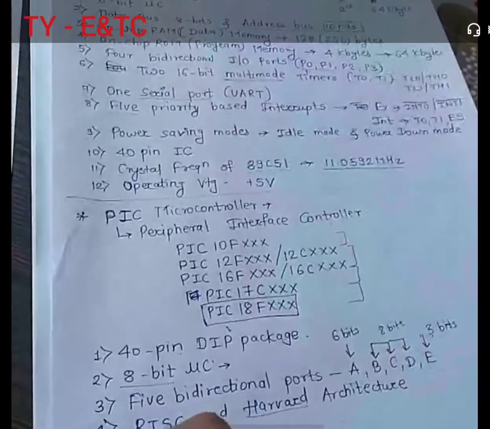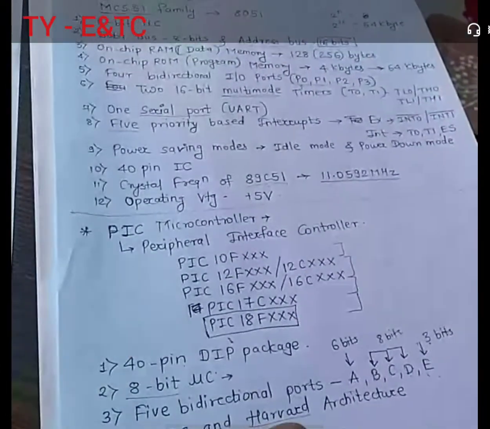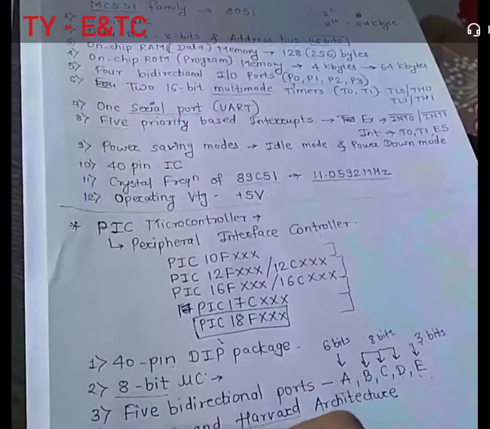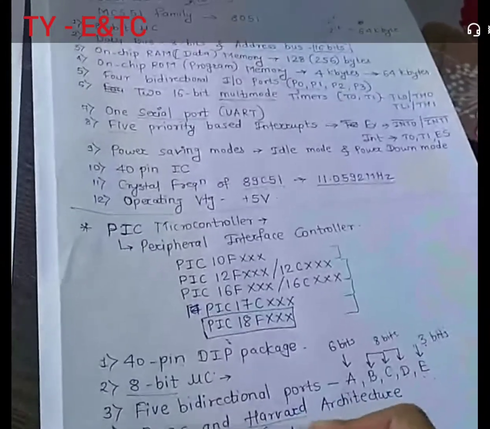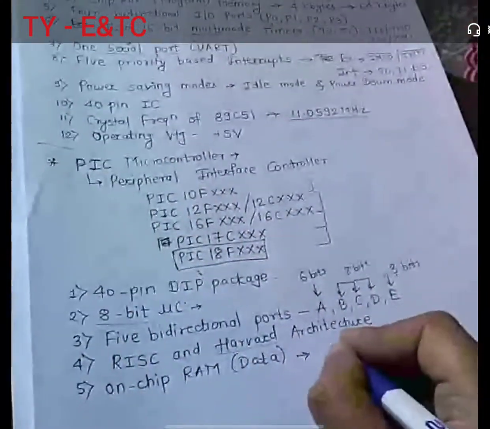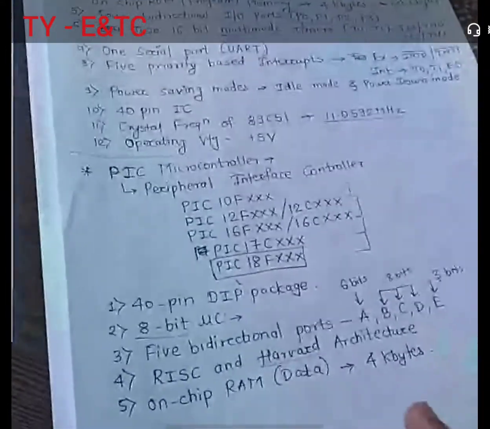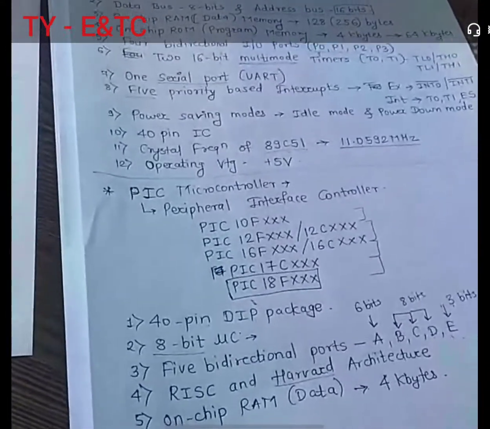The PIC microcontroller has on-chip RAM, that is data memory, of 4 kilobytes.